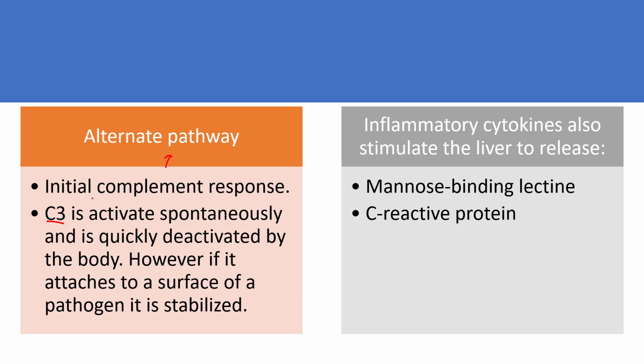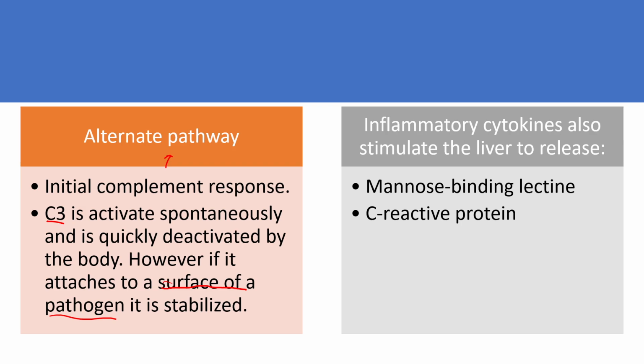However, it is also deactivated immediately. So it pops on and off in the blood. However, if your C3 attaches to a surface of the pathogen, it is then stabilized. It is like a random effect. If a pathogen is nearby, it will stabilize. If it is not, it will deactivate. So it's a random roaming molecule.